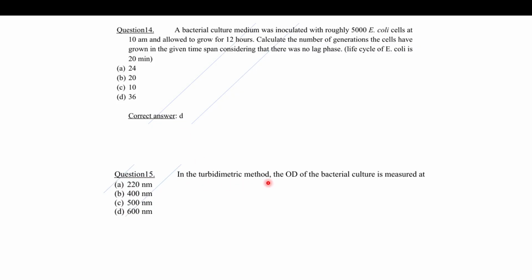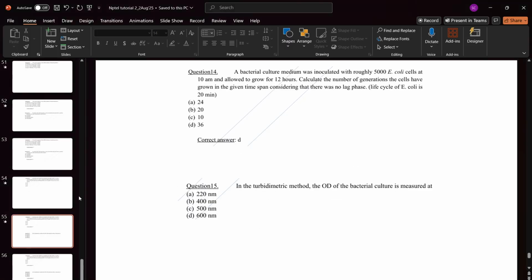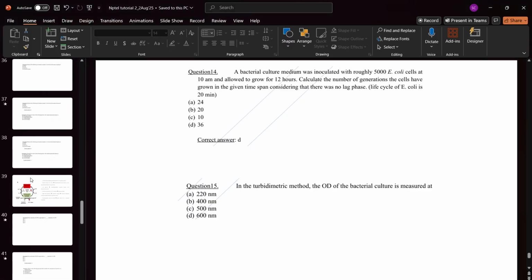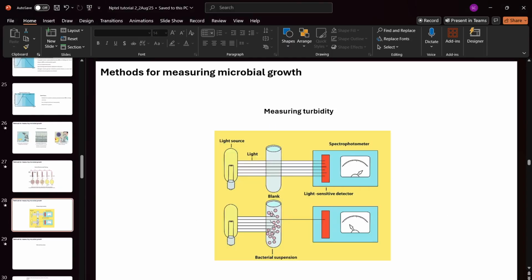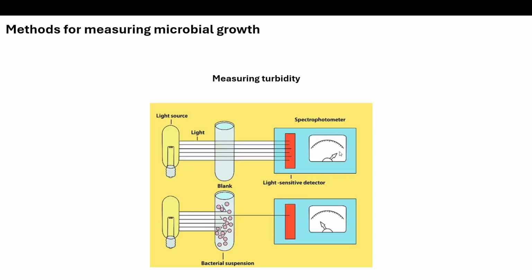Now, in the turbidimetric method, the OD of the bacterial culture is measured at. Okay. When we talked about this turbidimetric method, we saw that we are measuring the amount of light that is passing through the cell culture medium. Now, in that particular question, it's asking what the OD value is.